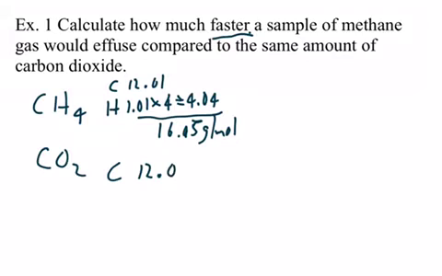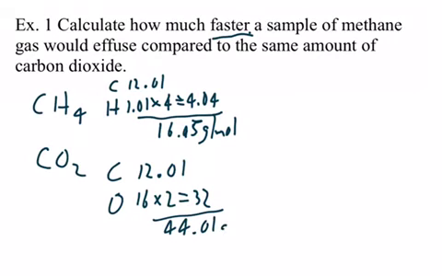Again, carbon is 12.01, oxygen is 16, but you got 2 of them, so that's 32. When you add this up, you got 44.01. Clearly, carbon dioxide is heavier. So based on what we discussed earlier, methane will be the gas that diffuses faster. The question is, how much faster?